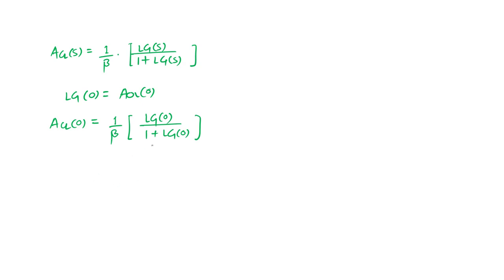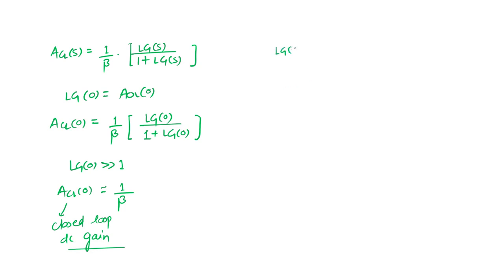What we ideally want is for the loop gain to be much greater than 1, so that ACL, the DC gain, comes out nearly 1 upon beta. This is the closed loop DC gain. With the assumption that the loop gain is much greater than 1, our closed loop DC gain comes to 1 upon beta.